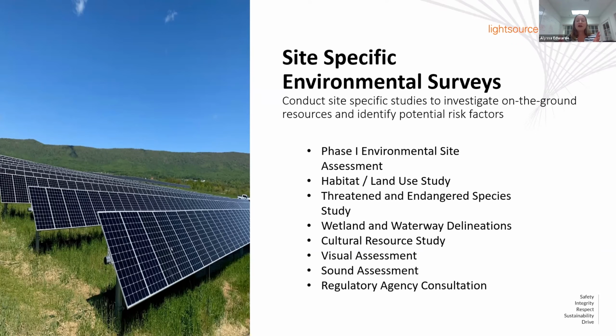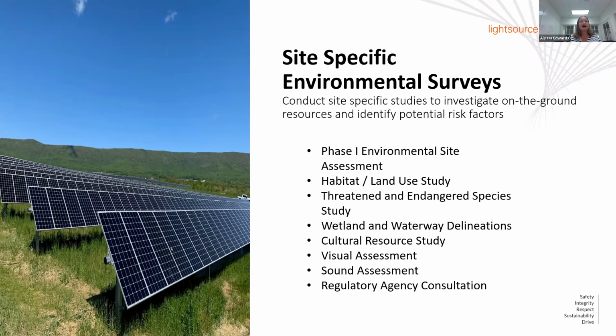All the major solar developers are going to do a Phase 1 environmental site assessment for hazardous waste and CERCLA liability. A habitat and land use study is also very standard. For example, if you have a site that may have nesting habitat, you need to get out there with a certified biologist and make sure that when you start construction there are no nesting avian species, particularly raptors and eagles.